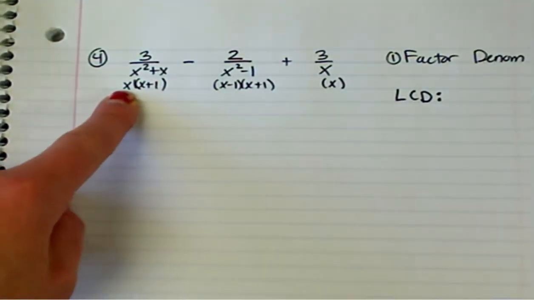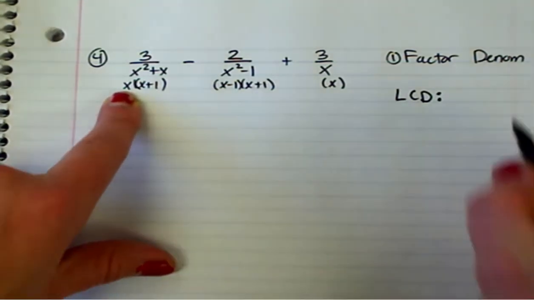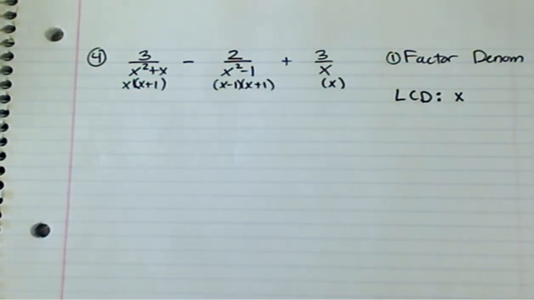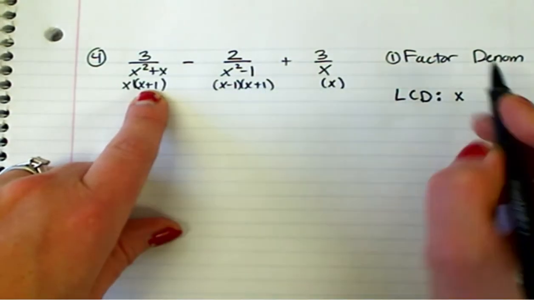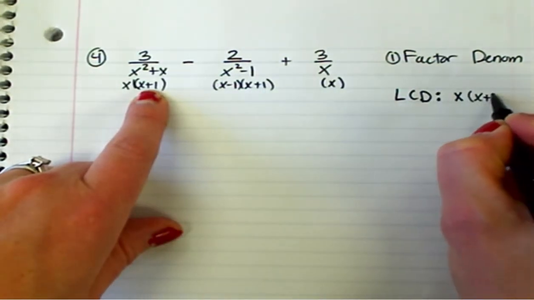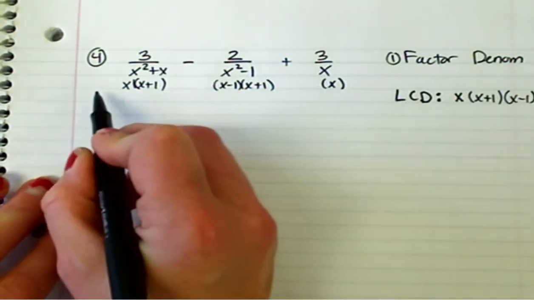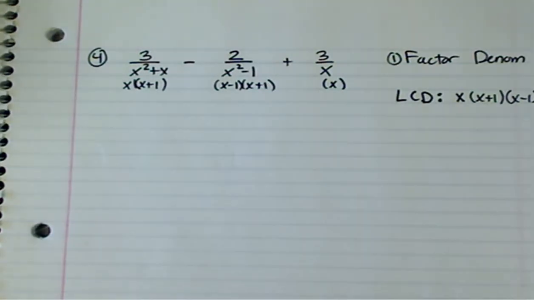I'm just going to go left to right. I'm going to start at the first factor, x. Where is x? Okay. x plus 1, x minus 1. I'm looking across all of the denominators. I only have 3 factors that are different.